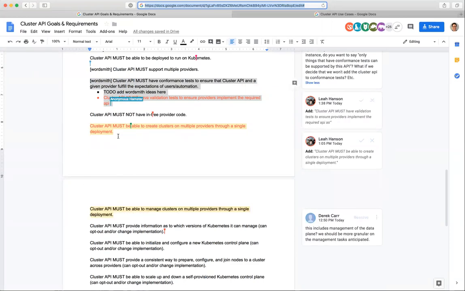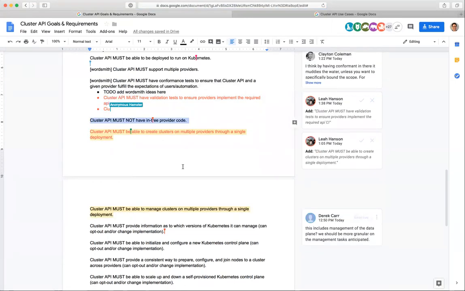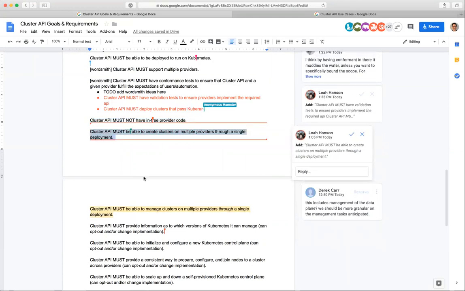Okay, so yes, next up, cluster API must not have in-tree provider code. I hope that's not controversial. Then cluster API must be able to create clusters on multiple providers through a single deployment.